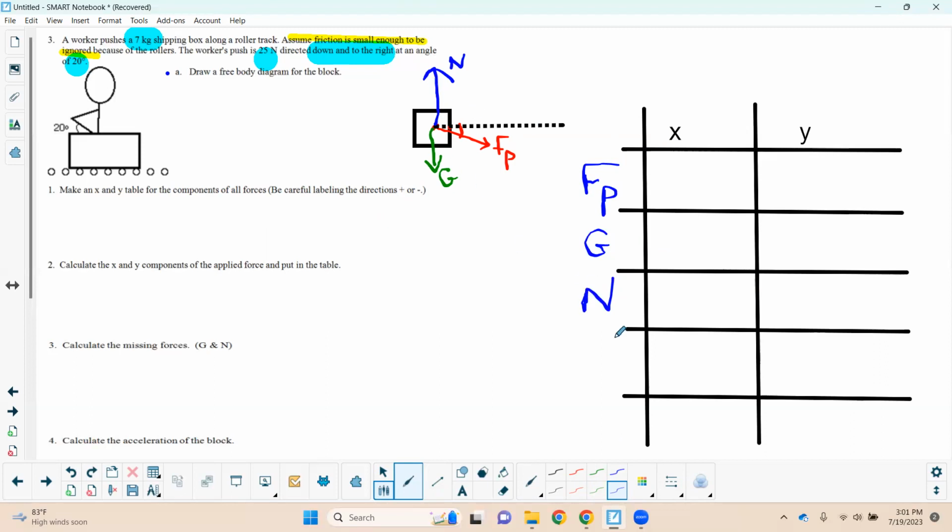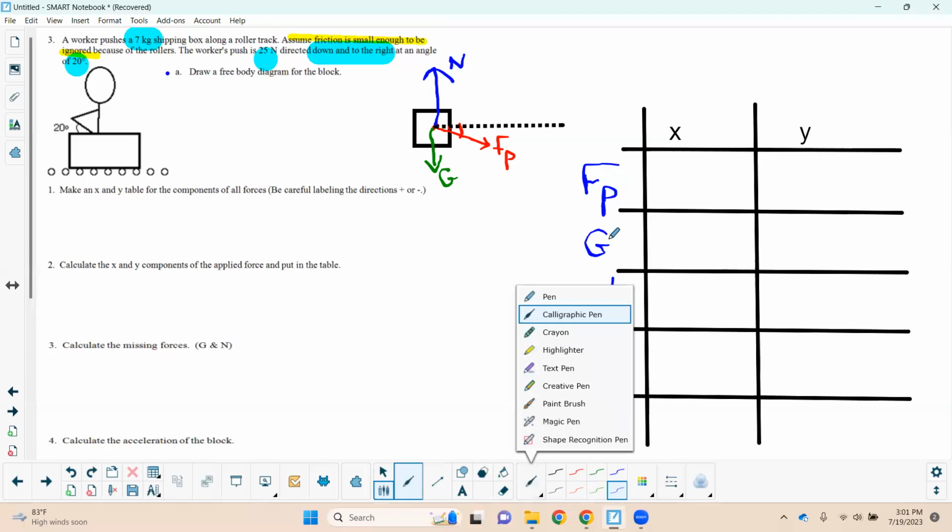That's all 3 that I have, the 3 arrows. That's where they come from. And then the net force, which is going to be the last thing here. So my net force is what I'm going to try to solve for, so I can solve for my net acceleration. Before I go any further, I'm going to take each one of these arrows and assign them either positive or negative values, depending on whether they go right, left, up, or down.